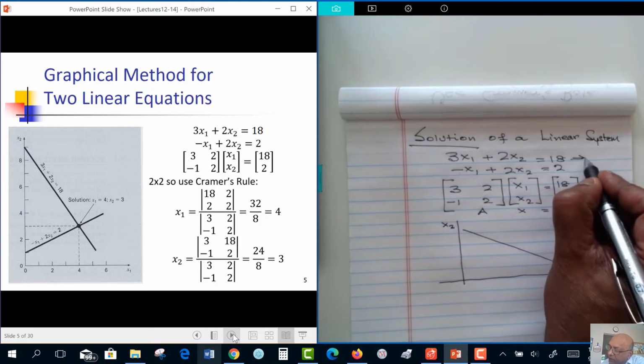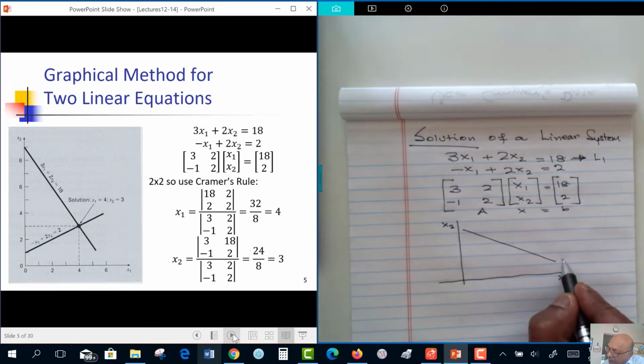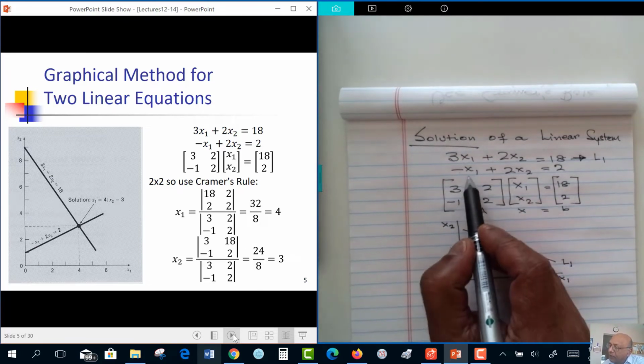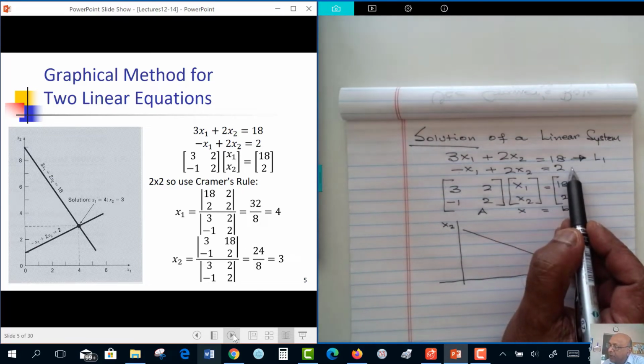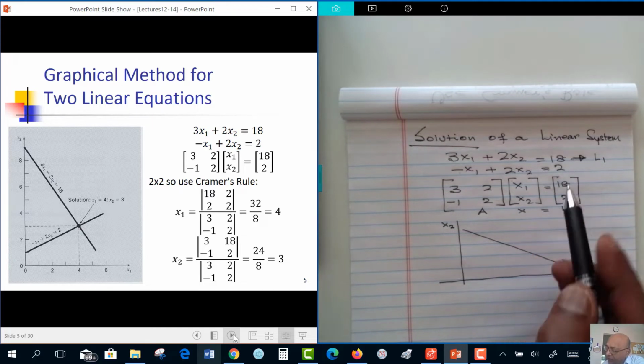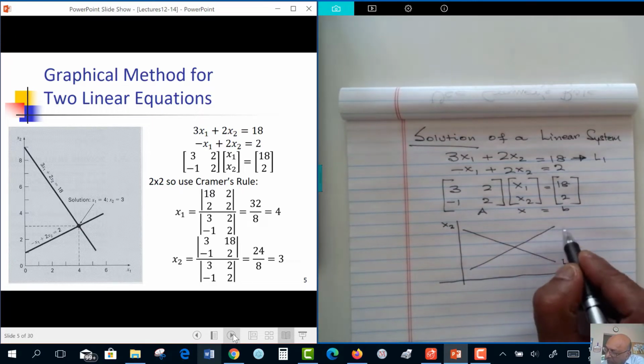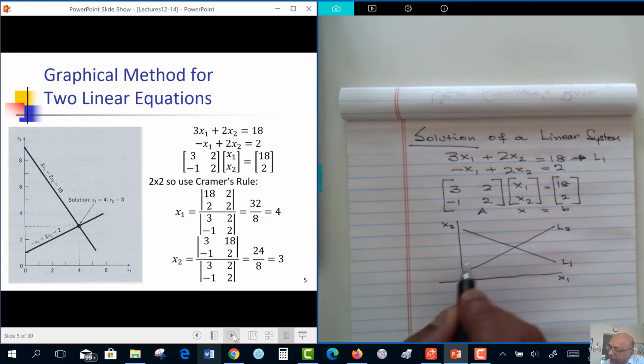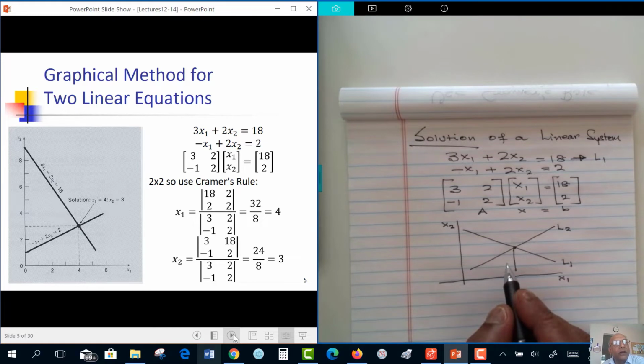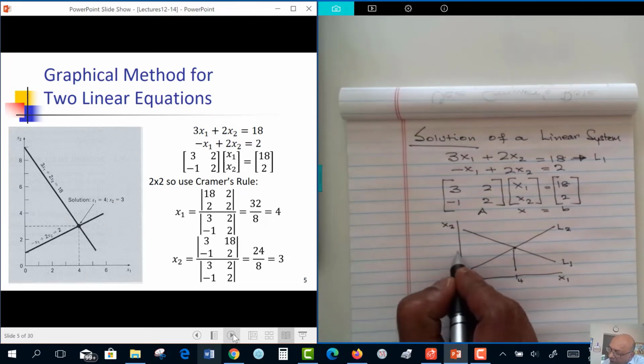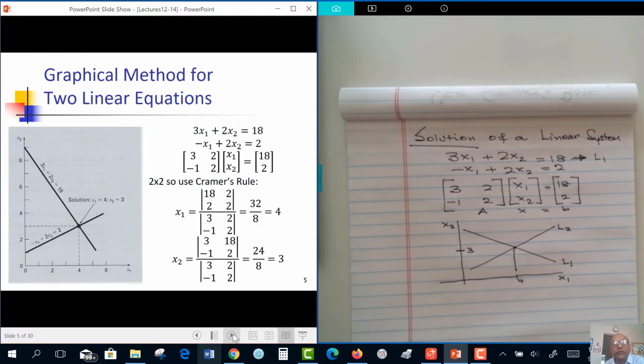This is line 1. When we take this to the other side, it'll become positive x1, so it has a positive slope. So line 2 would look something like this. And obviously the coordinates of this point, where x1 is 4 and x2 is 3, is our solution.